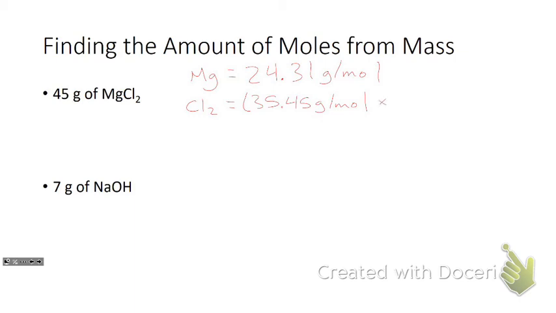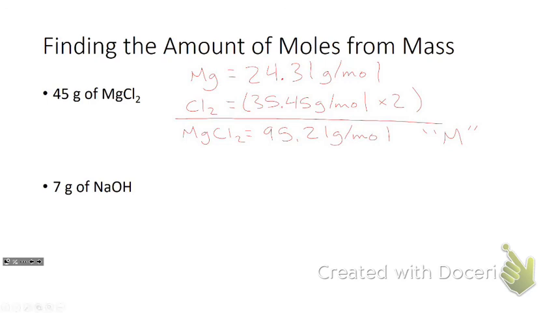Okay, so multiply by 2. So punch those into our calculator. We will get a molar mass of 95.21 grams per mole. So this is our big M, right? This is our molar mass. So that is a big M.